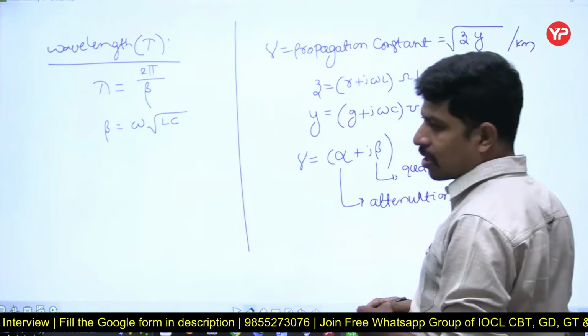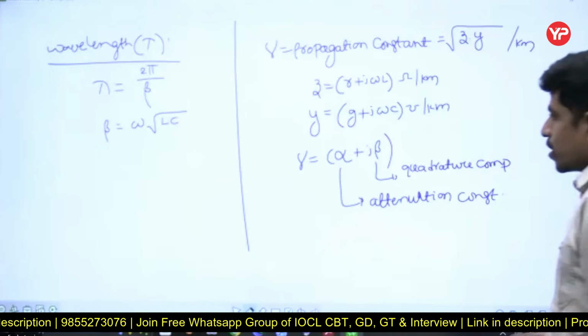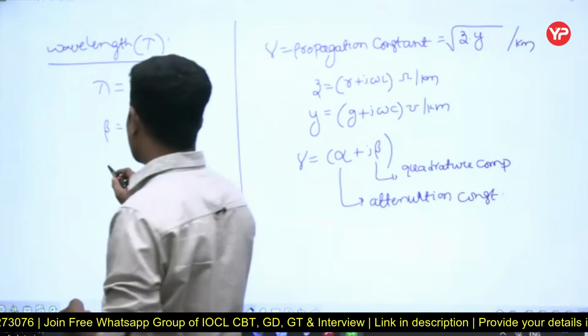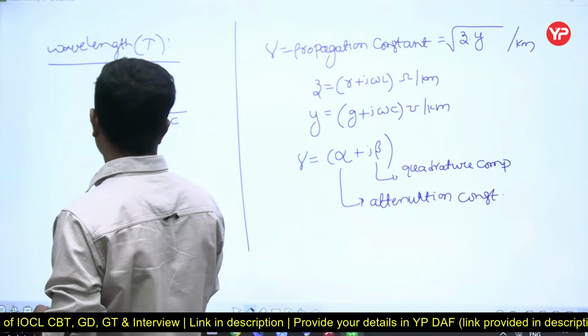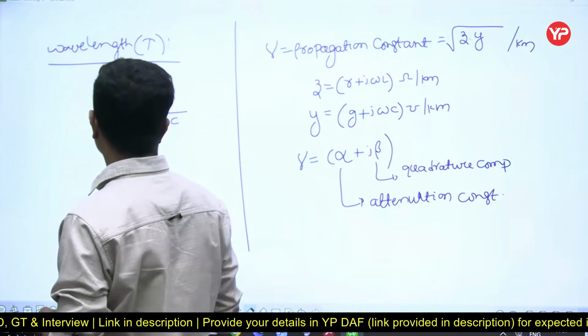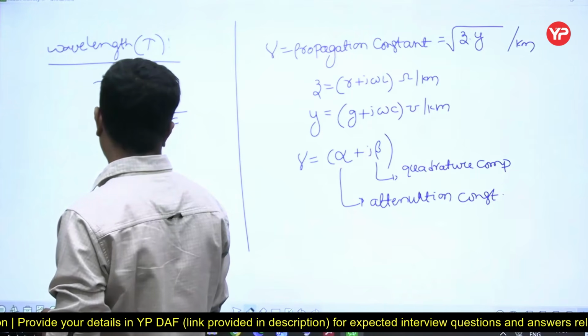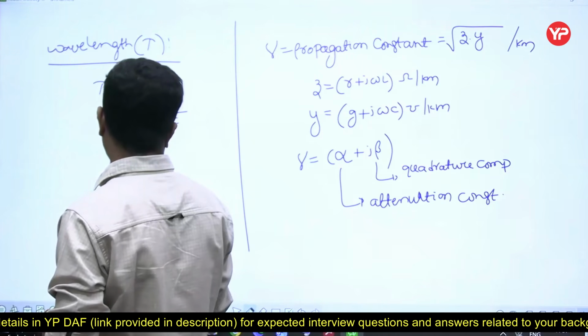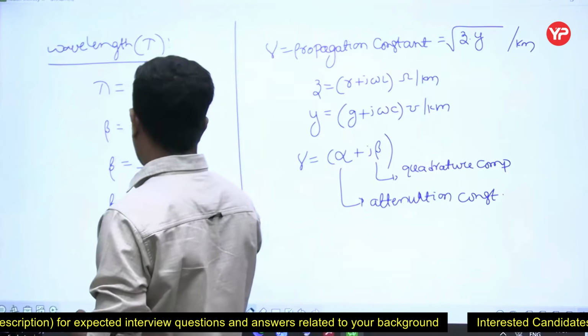So this will tell us the change in the phase angle. Beta is equal to omega into root LC. Just now we learned omega into 1 by root LC will be V, then root LC will be 1 by V. So beta is omega by velocity, that is 2 pi f by V. Now, what is lambda?